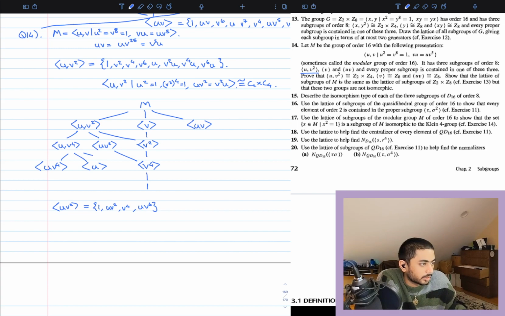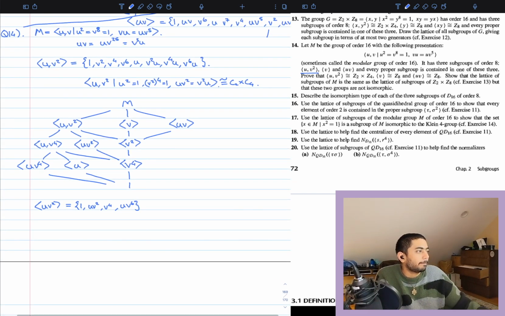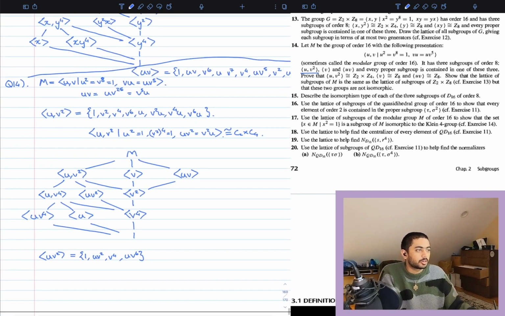So like this. Okay, and then uv was a cyclic group that contained v square in it, see? And yeah, I believe this is the structure.